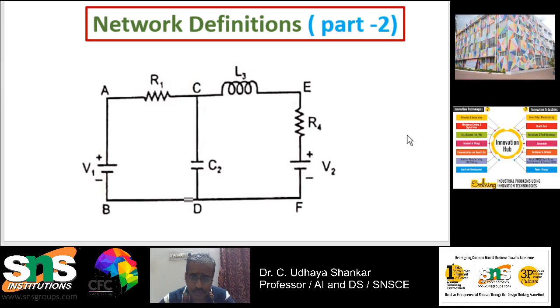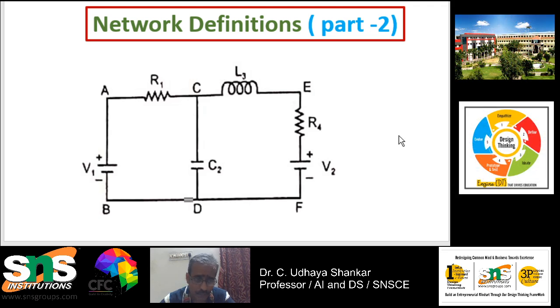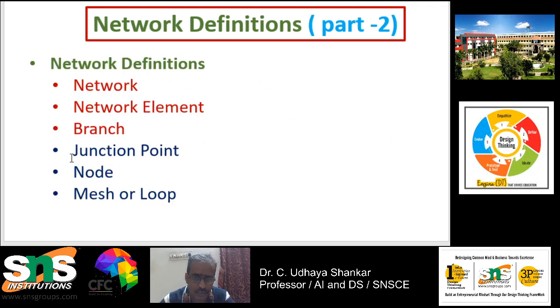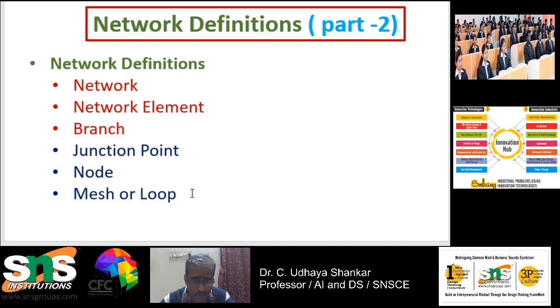I have taken the same network for the explanation again in part 2. Only the definition parameters are going to vary. In this video, I will discuss only the junction point, node, mesh or loop, as the definitions related to network element and branch have been discussed in previous videos.